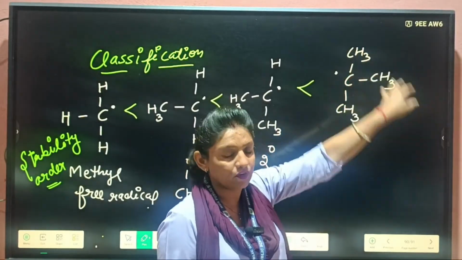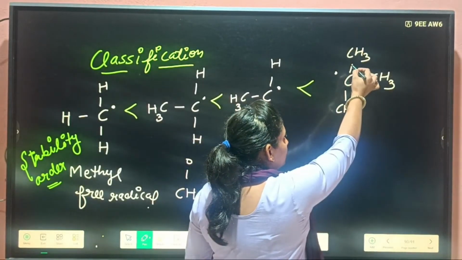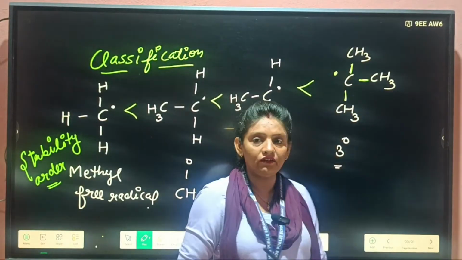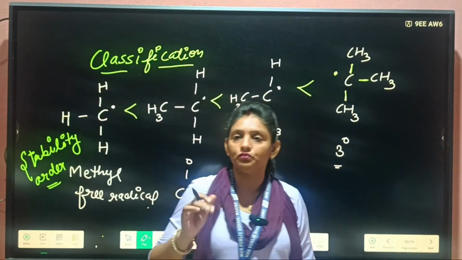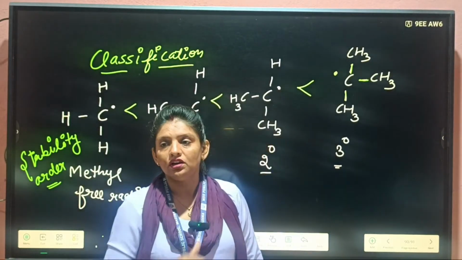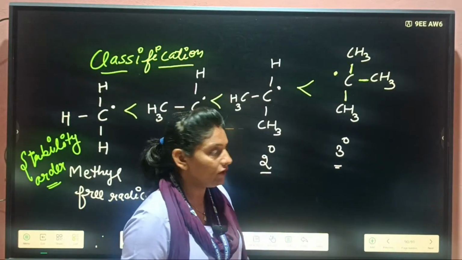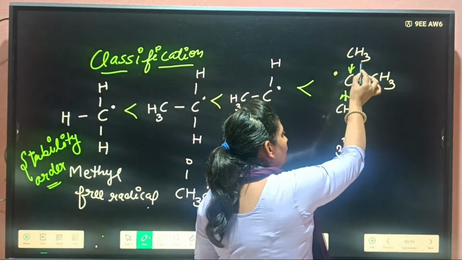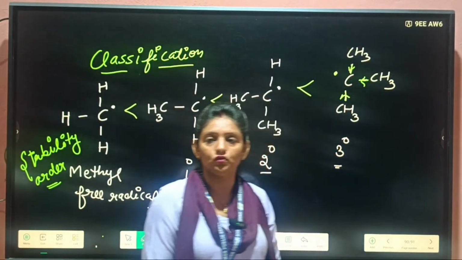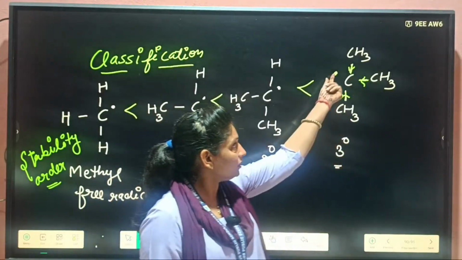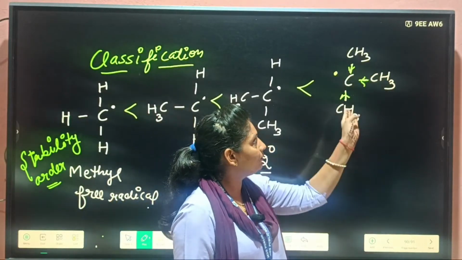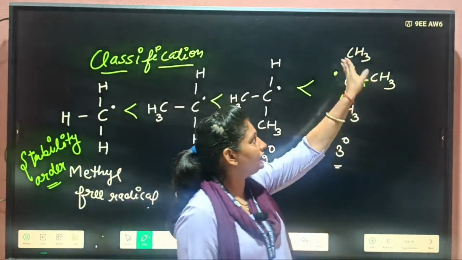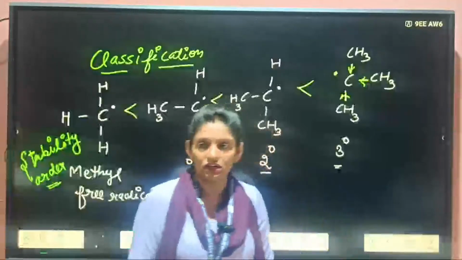You can see the carbon has 2, 4, 6, 7, only 7 electrons. Its octet is not completed. So the alkyl groups are electron donating, electron releasing groups, and they can help it, since it needs more electrons. Clear or not? So if alkyl groups increase, then stability increases.